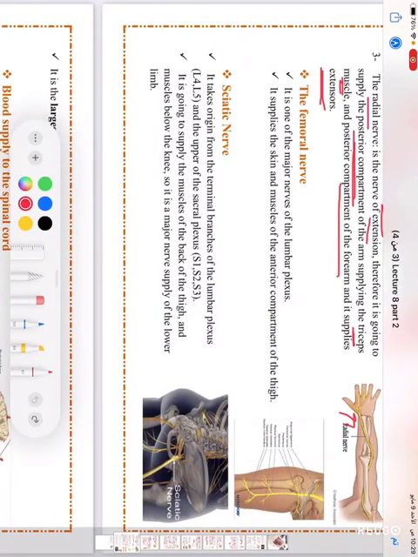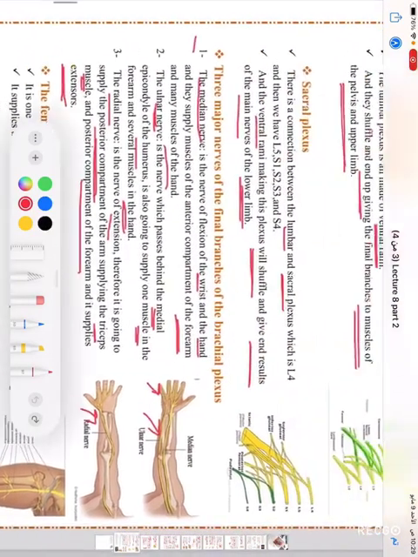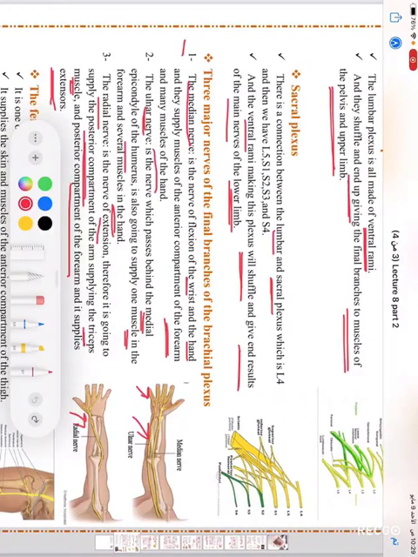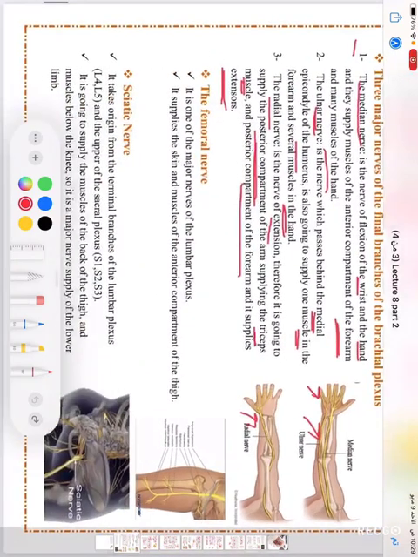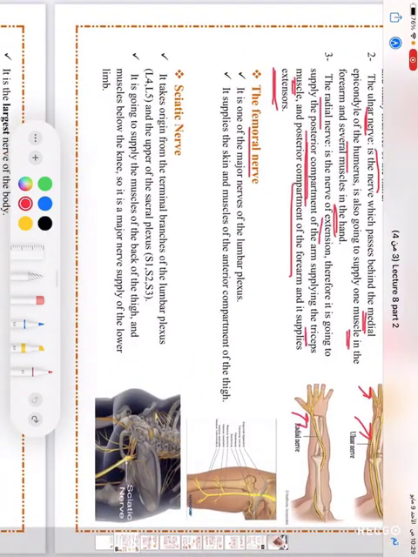Femoral nerve. We said the sacral plexus produces the end results, the main nerves of the lower limbs. The femoral nerve is one of the major nerves of the lumbar plexus. It supplies the skin and muscles of the anterior compartment of the thigh.